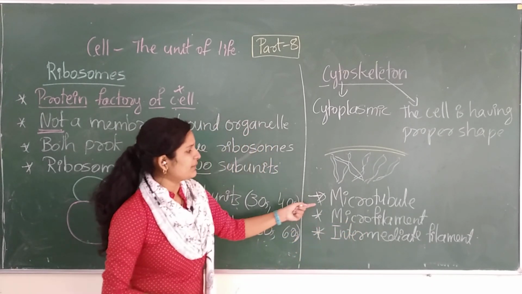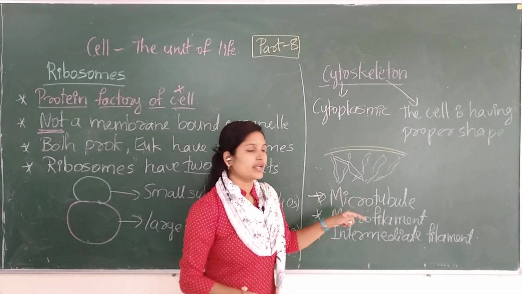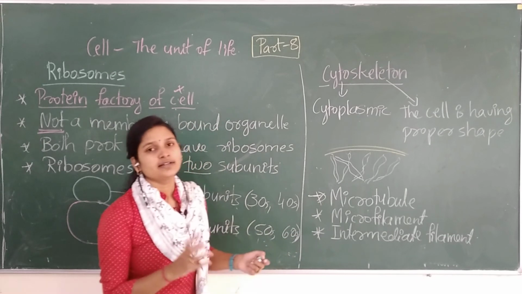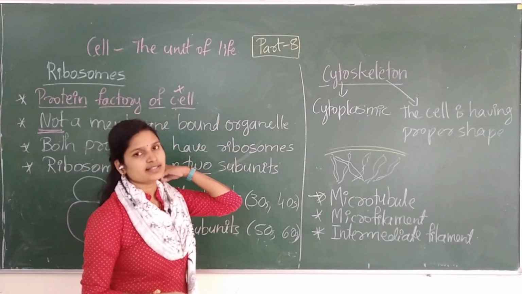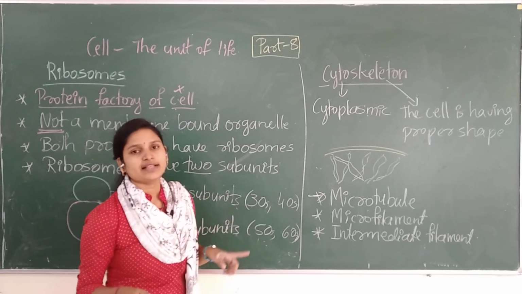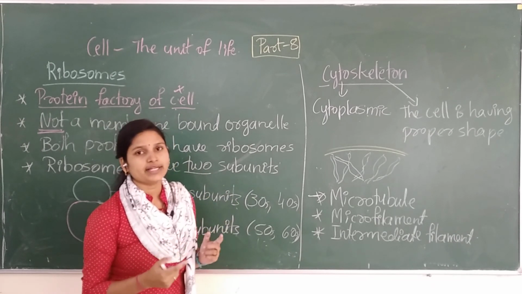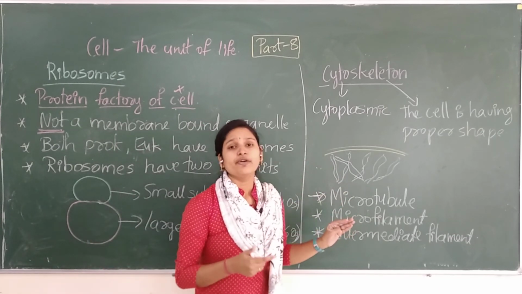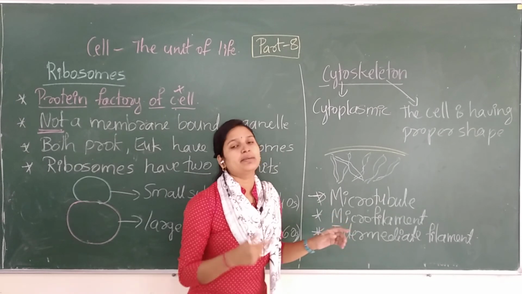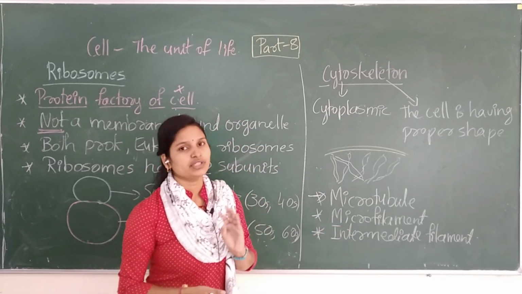Microtubules are made up of tubulin protein, microfilaments of actin protein. So remember, cytoskeletons are elaborate network-like structures in the cell, giving proper structure, mechanical support and also mobility to the cell.